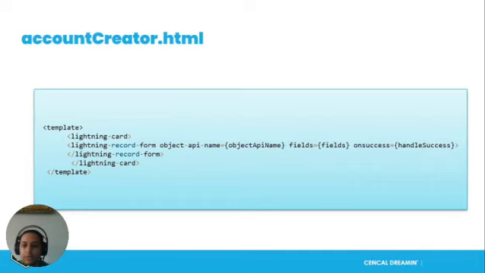Also, binding the object API name, as you can see here, indicates the kind of object to load, and binding the fields property indicates the fields to show in the form. So here we put our fields.